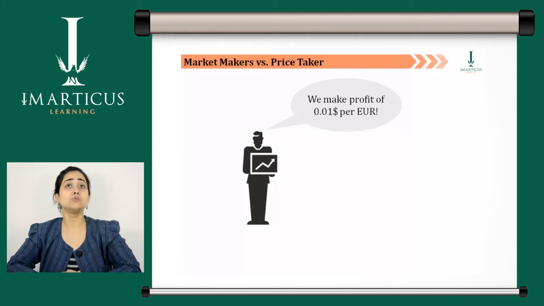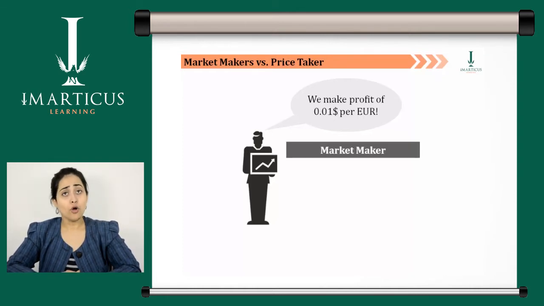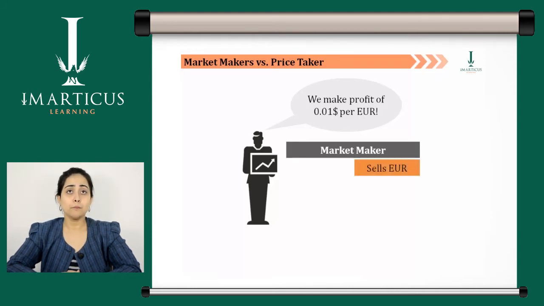Now let us assume he executes trades at 1.1950 and 1.2050. What happens? From a USD point of view, the market maker will pay 1.1950 USD and receive 1.2050 USD.